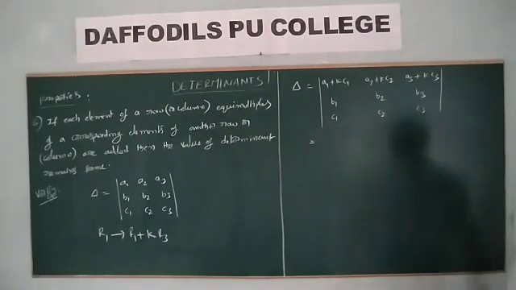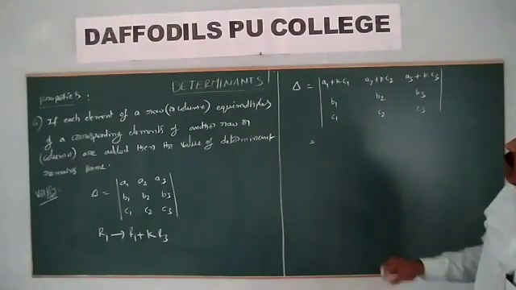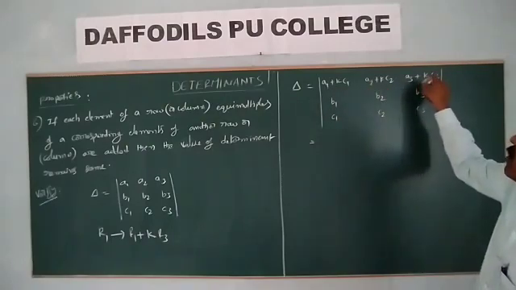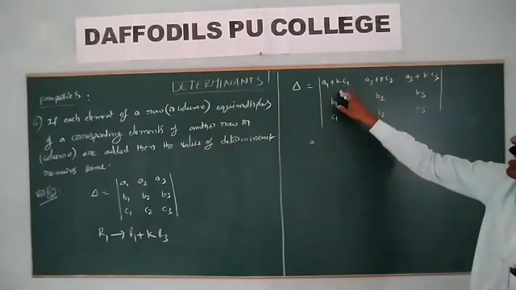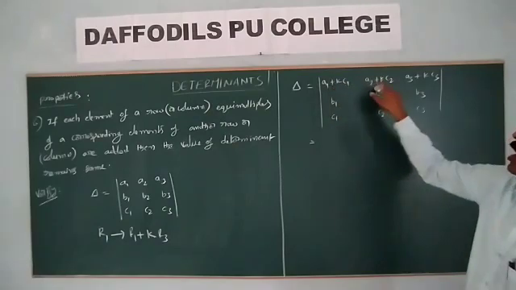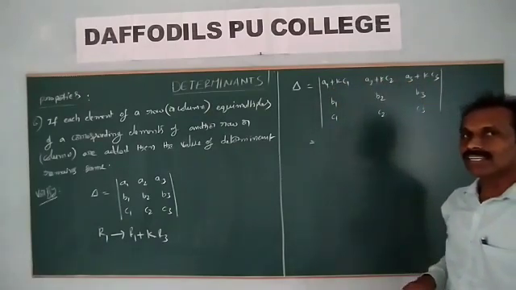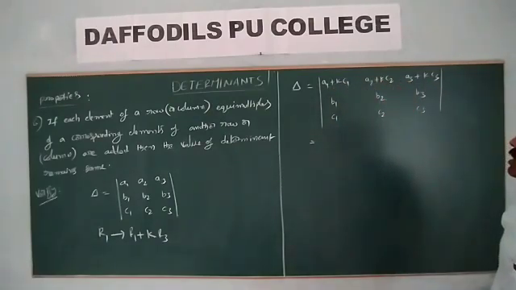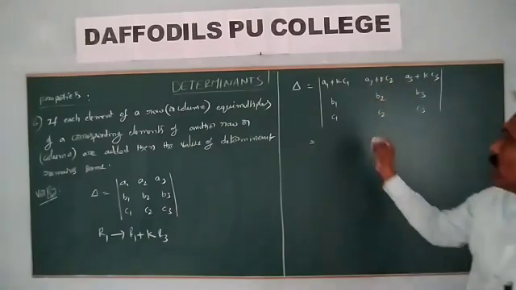Already in the previous property, the fifth property, if some or all elements of a row can be expressed as a sum of two or more elements, then the resulting determinant is the sum of the two determinants.